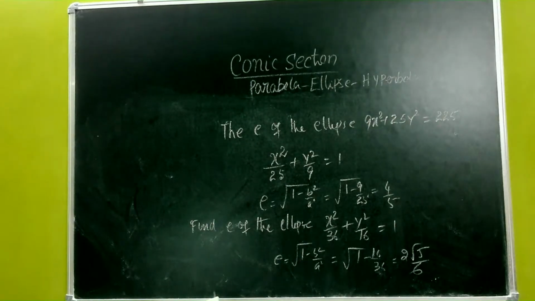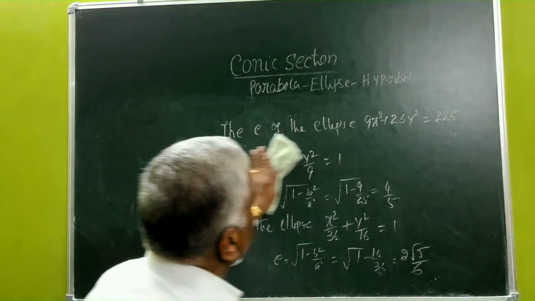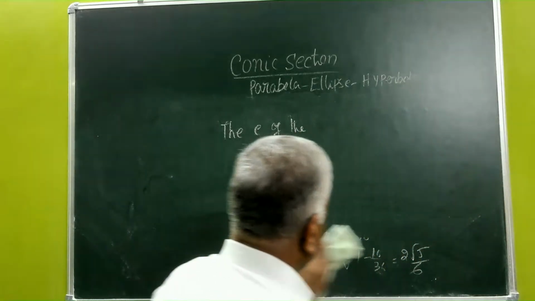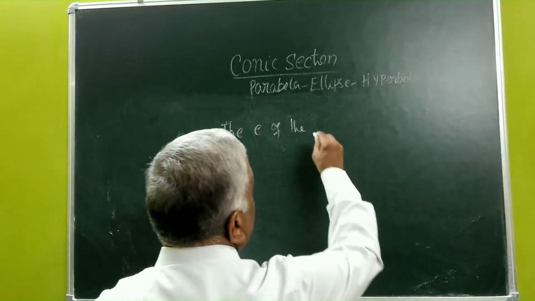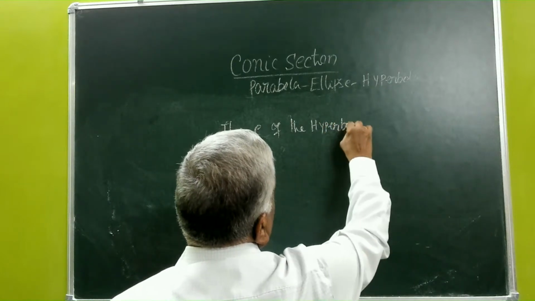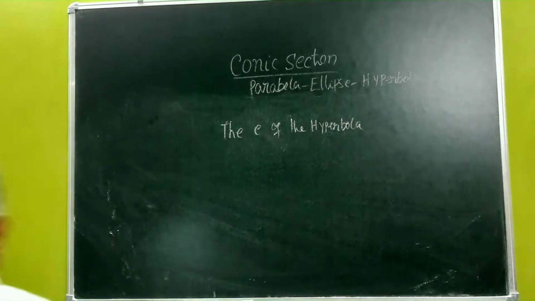Another problem they have given in the examination is the eccentricity of a hyperbola. Instead of ellipse, hyperbola. The problems given in the examinations are very, very simple, provided you remember the formula.